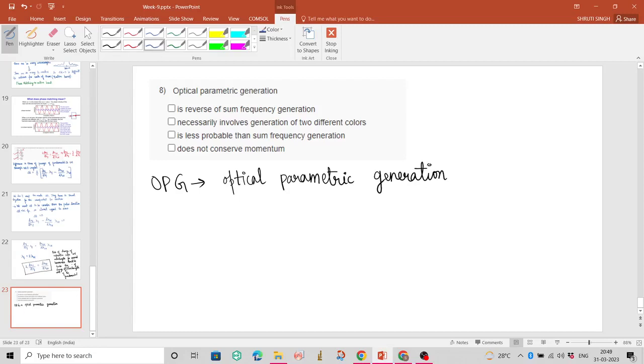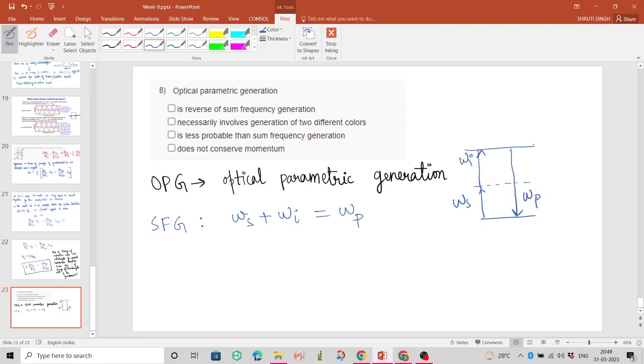Now, what we used to do in the sum frequency generation, we were using two photons, one was signal and one was idler, and they used to give the pump photon.